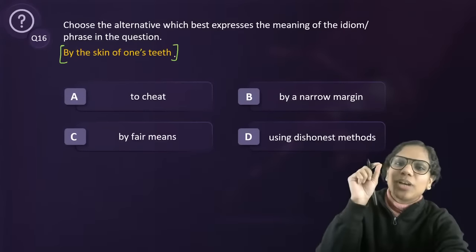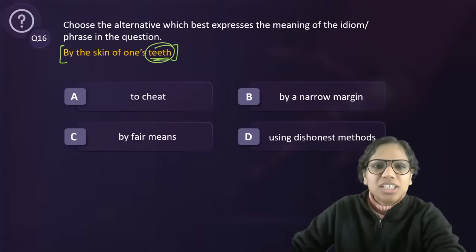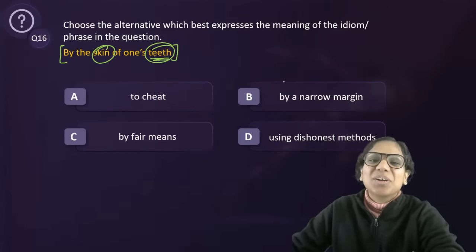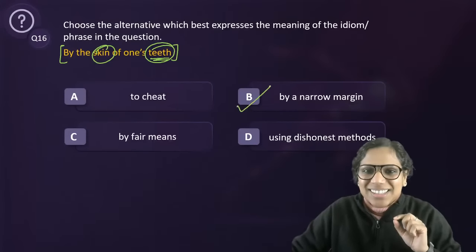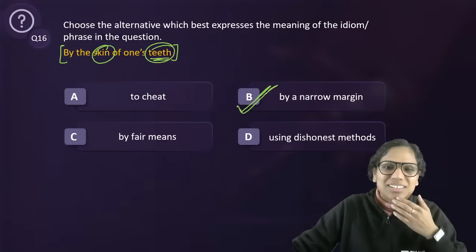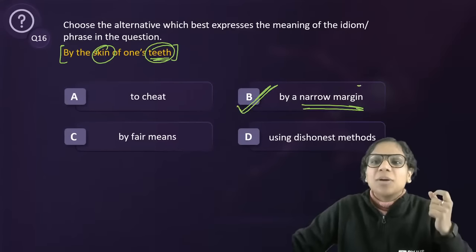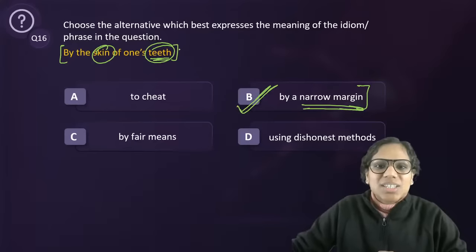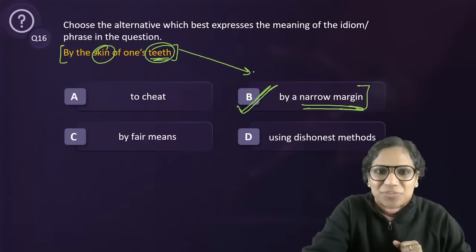You won it by a very narrow margin. Imagine your teeth having skin, probably a very thin film. So, by the skin of one's teeth, by a very narrow margin. I have even used it for you, now you will remember it.